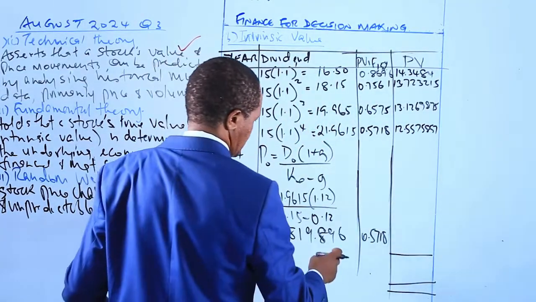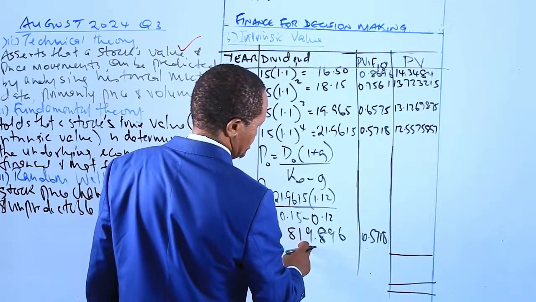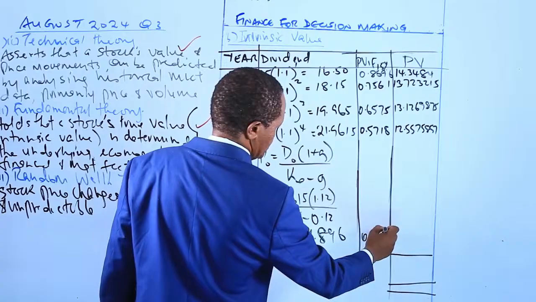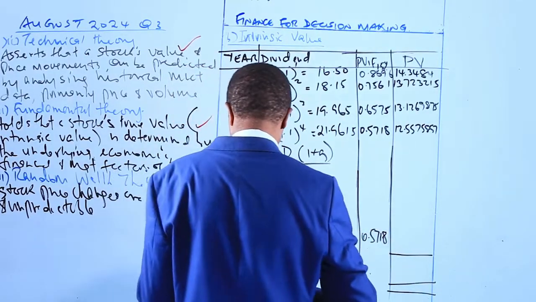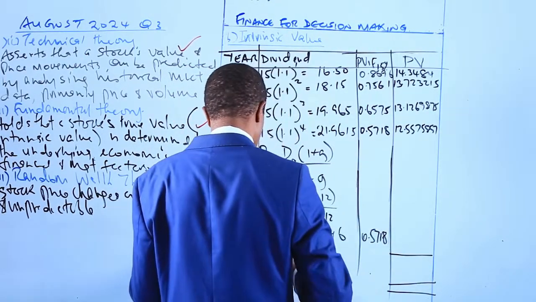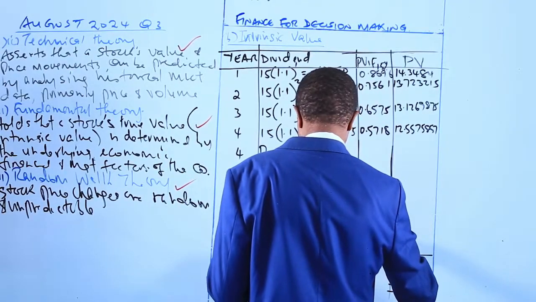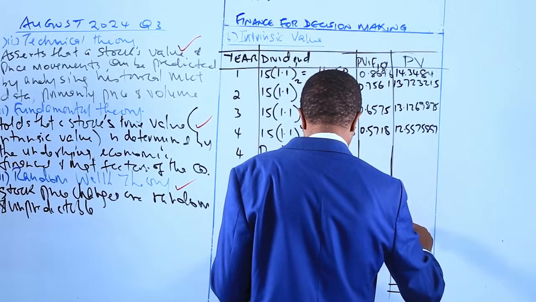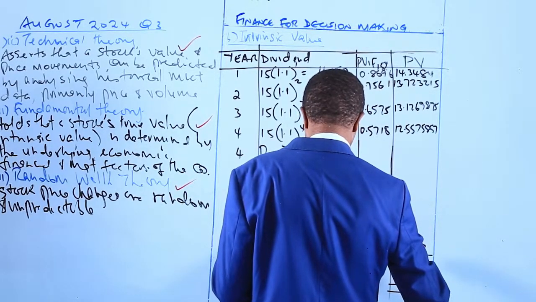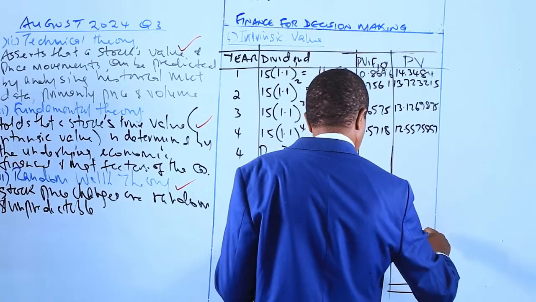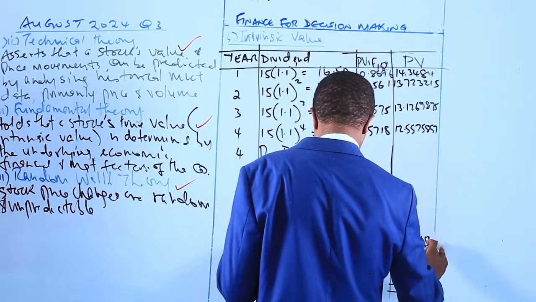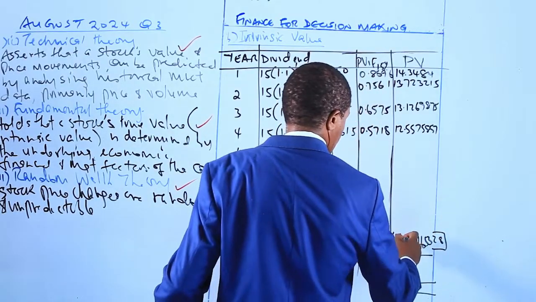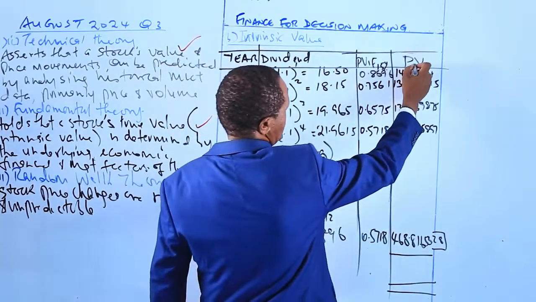Then lastly we multiply 819.896 times 0.5718. This gives me 468.8 approximately. So with that, we have all the present values.